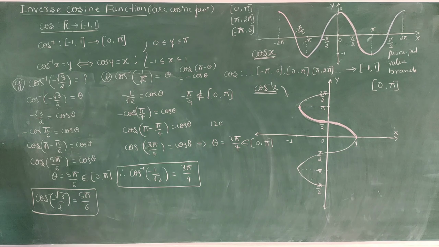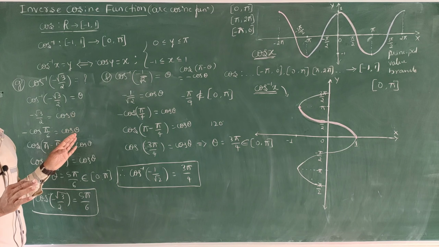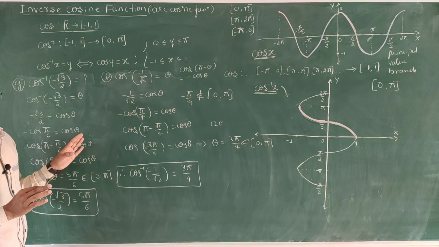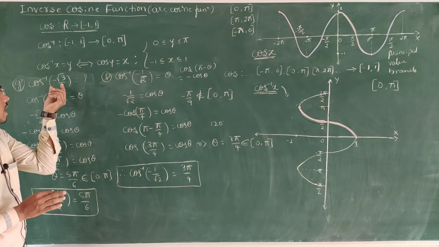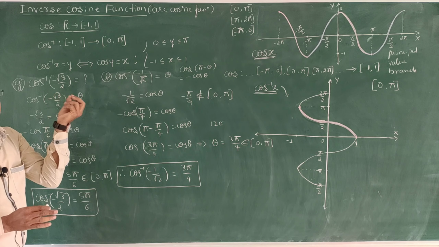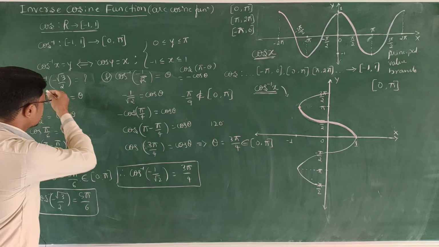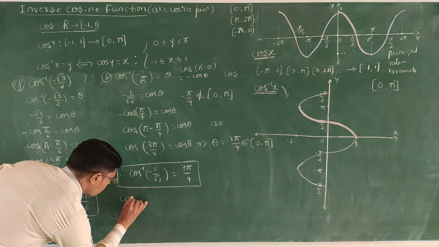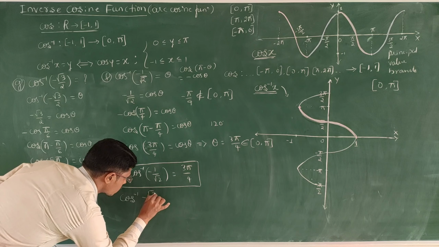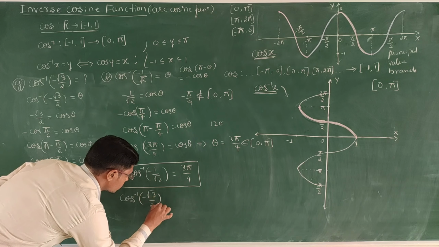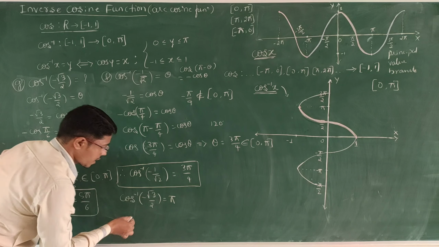Okay, how to write it directly? So we got to know that whenever minus angles come, at that time take pi minus theta. Okay, so see this only, cos inverse of minus root 3 by 2, minus is there, right?